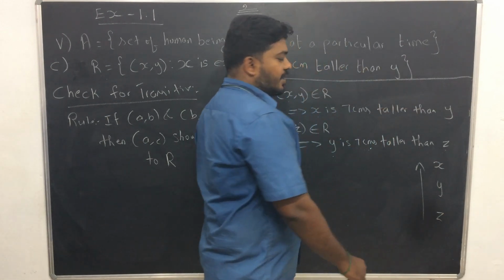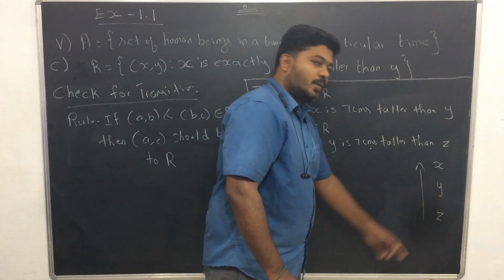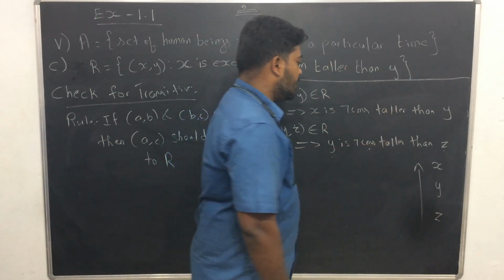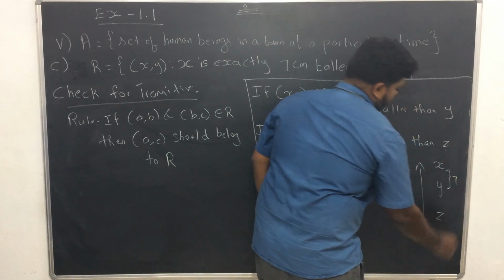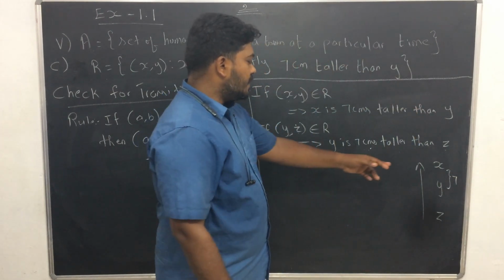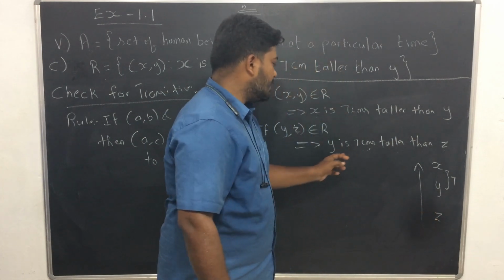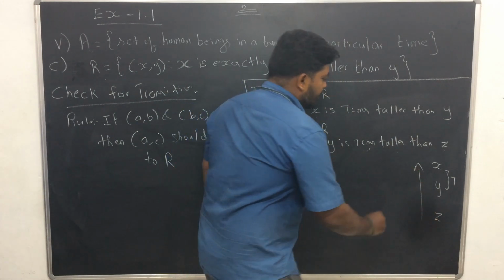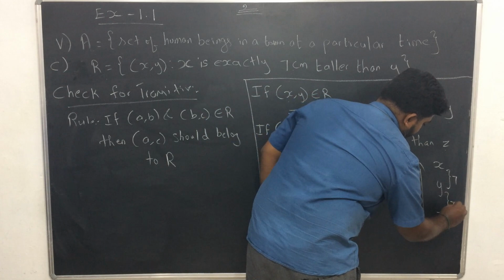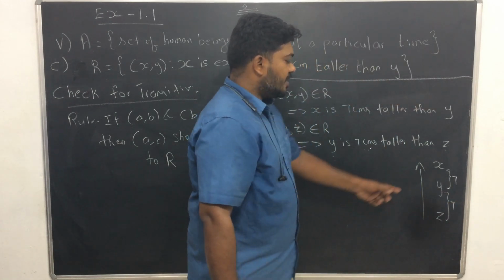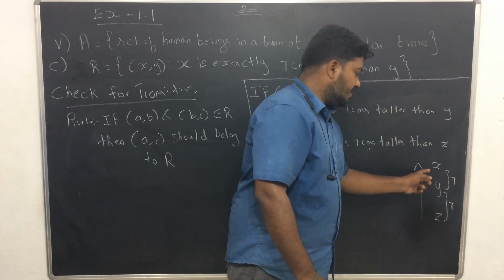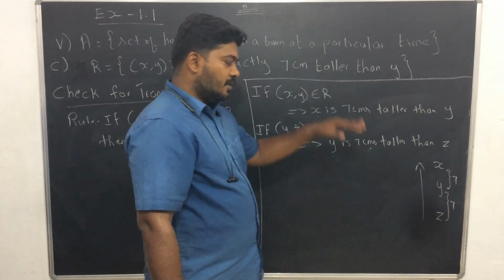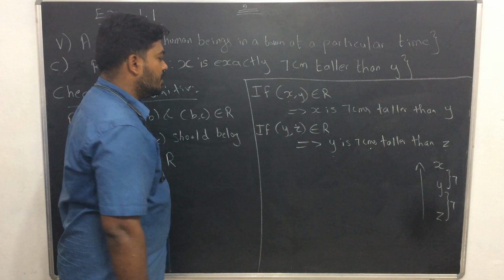The difference in heights between x and y is 7, and the difference between y and z is 7. So the difference in height between x and z is 7 plus 7, 14. So x is actually 14 centimeters taller than z.